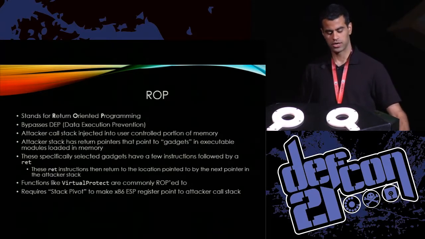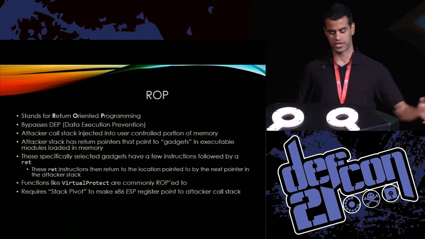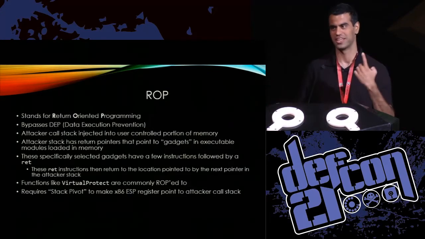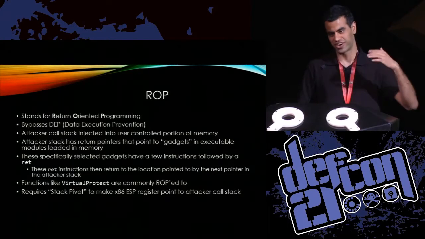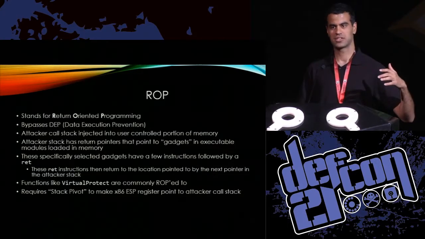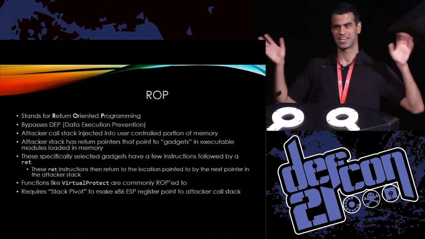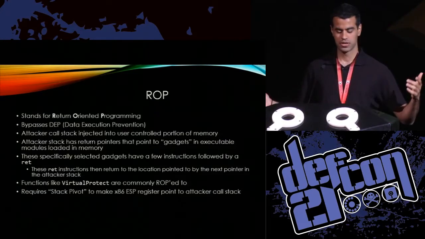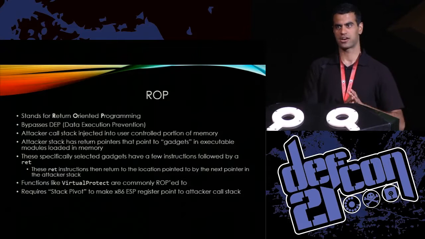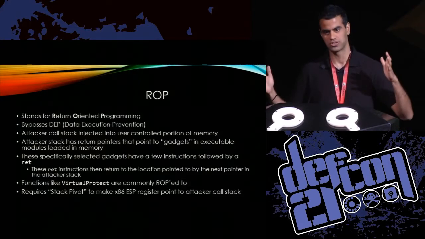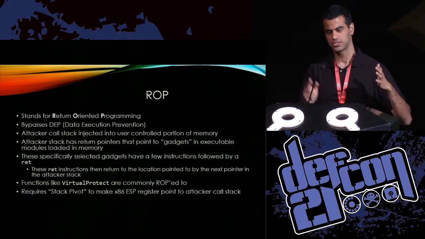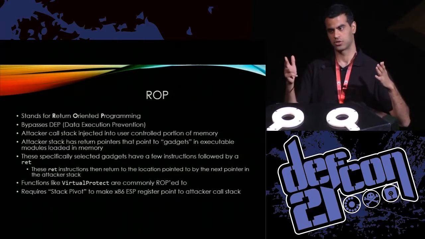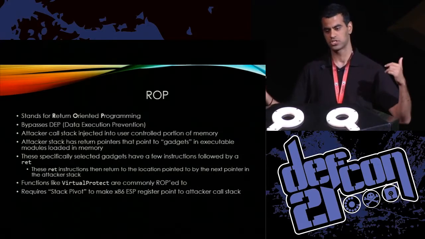So our ROP mitigation, okay, so I'm basically going to try to explain ROP in one slide, so we'll see if it works. It stands for Return Oriented Programming, and it's basically the shiny technique for bypassing DEP. So what happens is the attacker injects an attacker-controlled call stack, and as you all know, a call stack has return pointers to where the execution is supposed to return after you get out of a function.